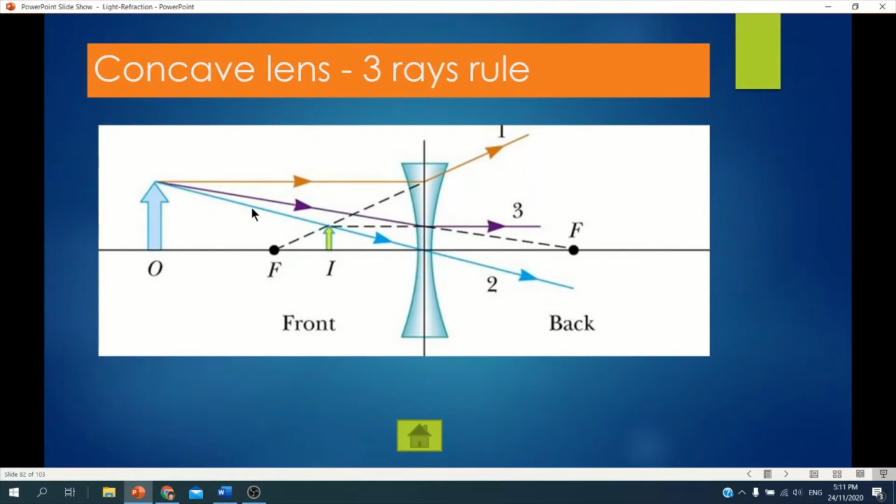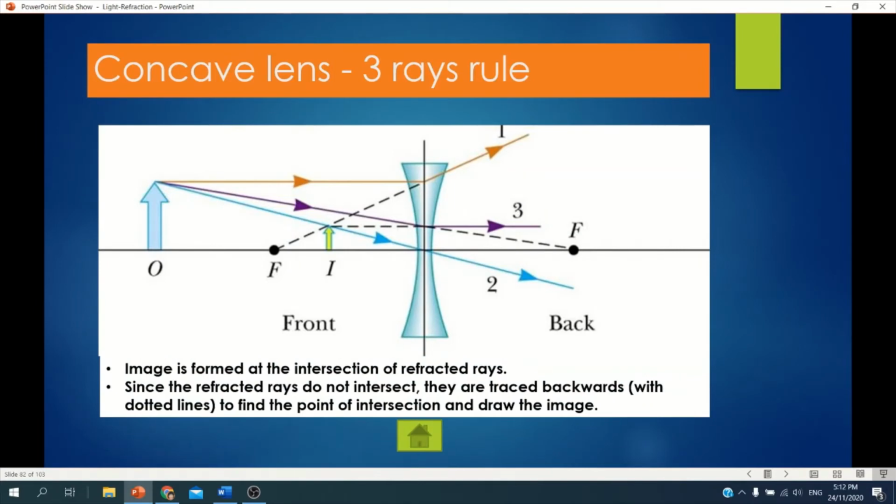Then we can draw ray F. So this purple ray is ray F because it passes through F. All right, so it is refracted parallel to the principal axis. And the third ray is ray O. The blue ray, you see, it passes through O and it goes straight through. So I have ray P, ray F, and ray O.